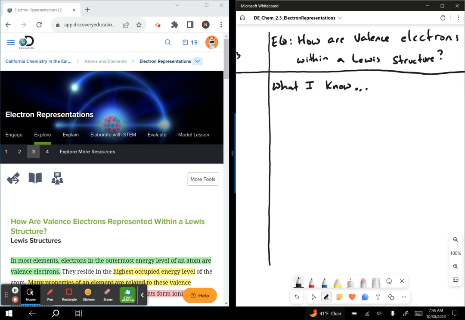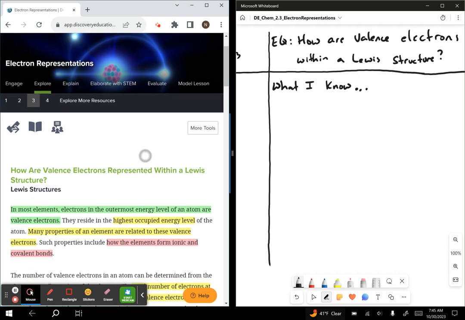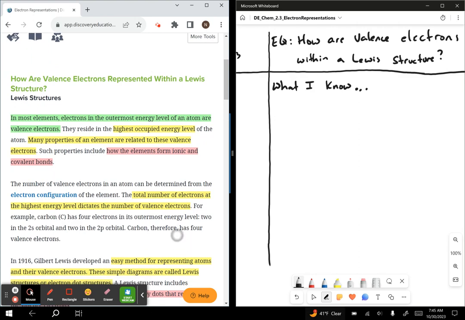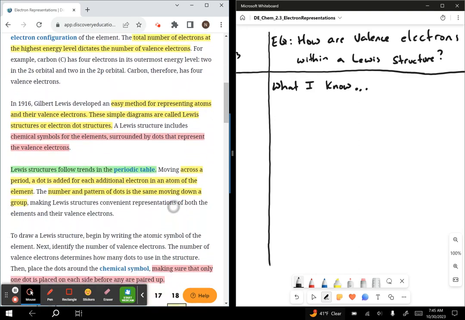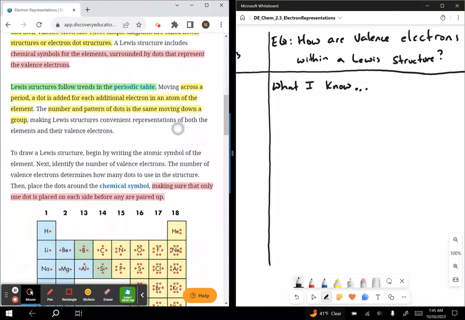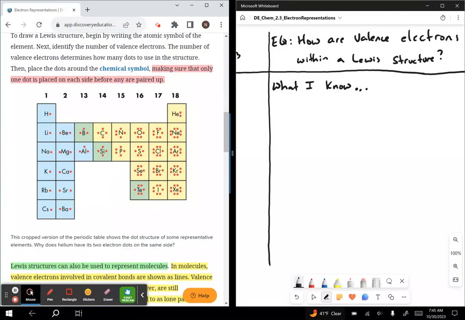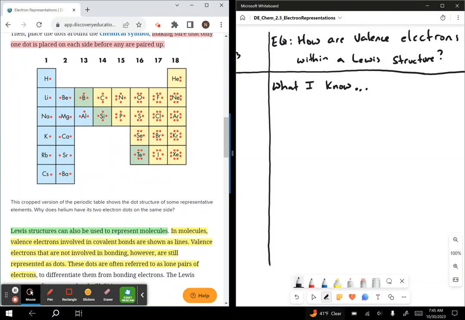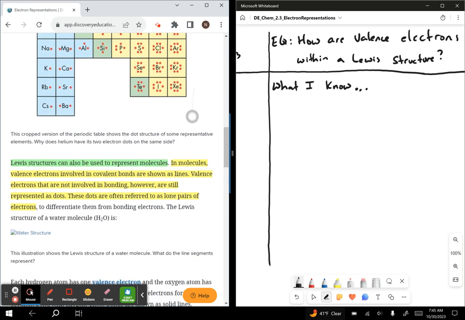So let's take a look at our notes over here on the left, our text. We've got Lewis structures. They're going to talk about electron configuration, which we've already known and talked about. You can see a nice little table here showing the various Lewis dot structures for some of the group numbers, 1, 13 through 18.